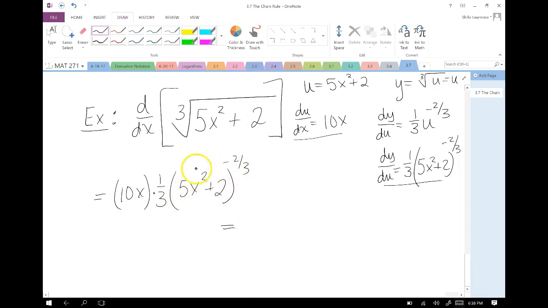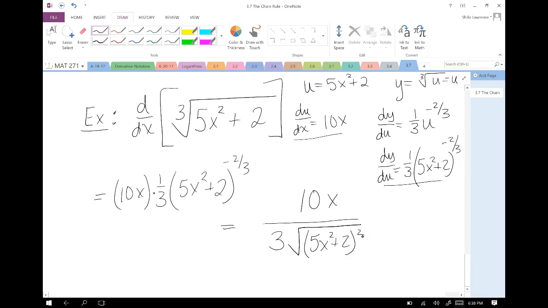Only the 5x squared plus 2 has that negative 2/3 power, so that's the only thing that's going to be moving down. The 10x is staying up. The 1/3 means that 1 in the top multiplying by 1 doesn't do anything, but the 3 in the bottom. And this is going to be the cubed root of 5x squared plus 2, squared.